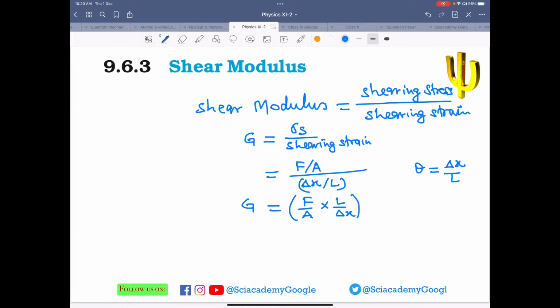In other terms, you can also write the shear modulus as G is equal to F by A by theta. So this gives G is equal to F by A into theta.